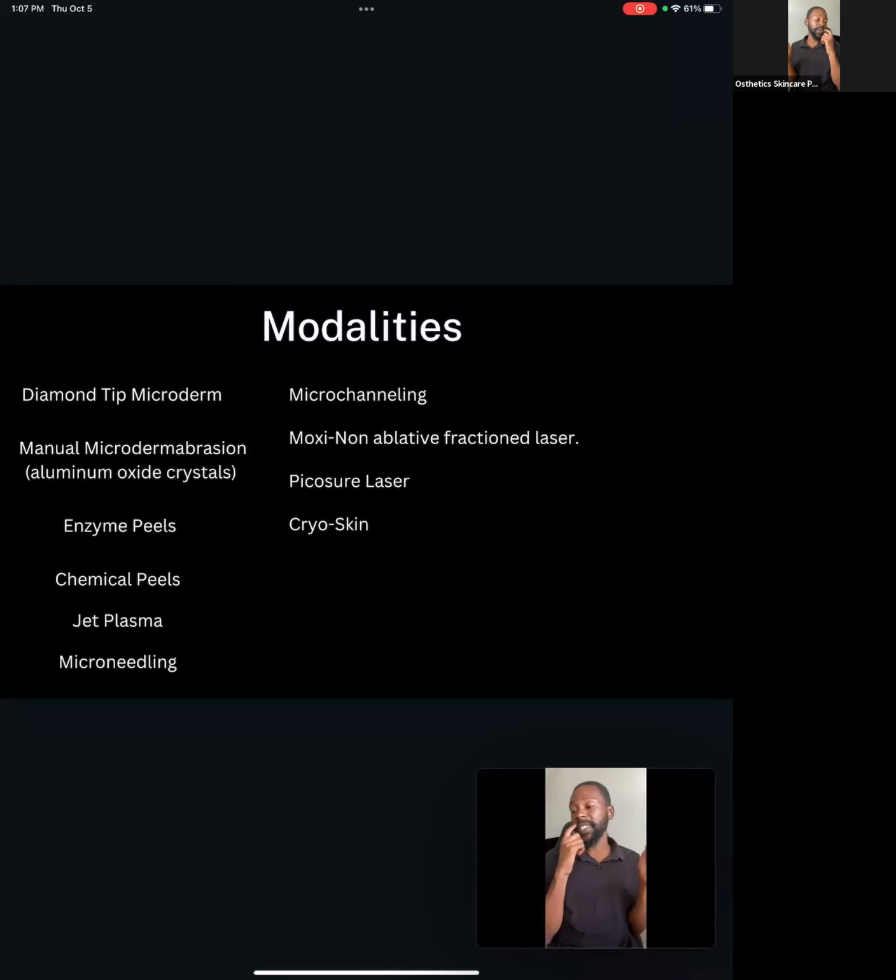Now, for someone who has melasma, I've done a series of 6 treatments, 3 advanced and 3 basic, which were for maintenance. So it would be advanced, maintenance, advanced, maintenance, advanced, maintenance, right? For this particular client, I did the diamond tip microdermabrasion, followed by a salicylic and glycolic peel mix.